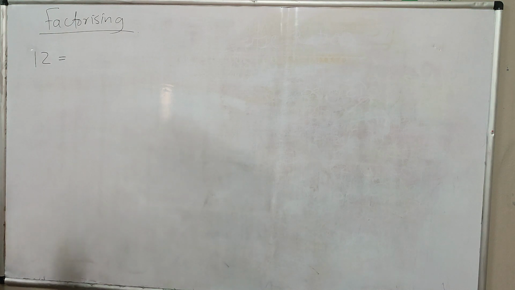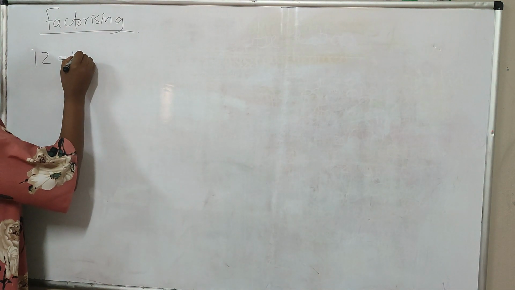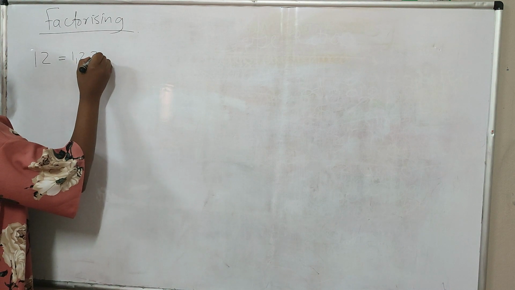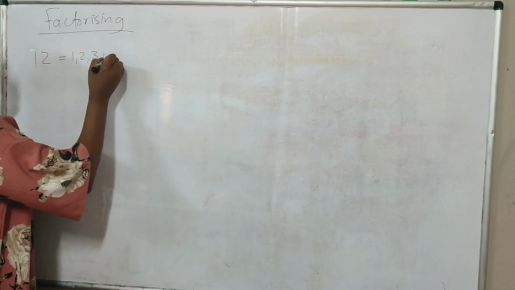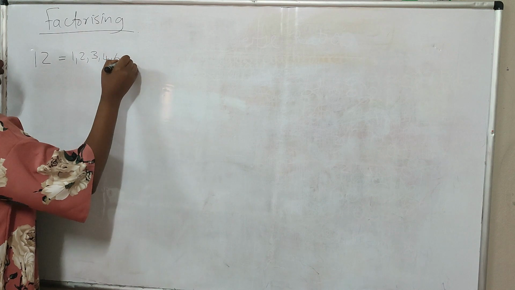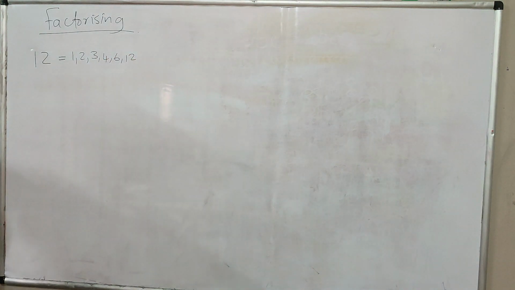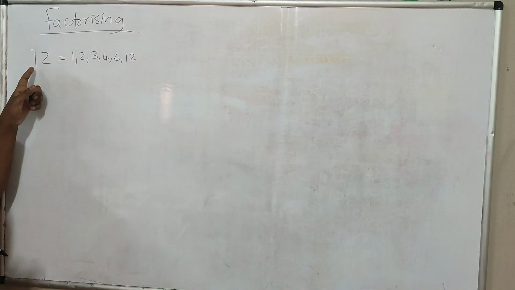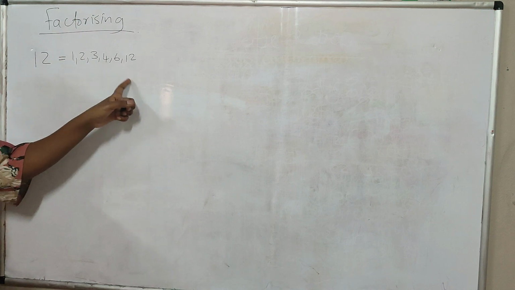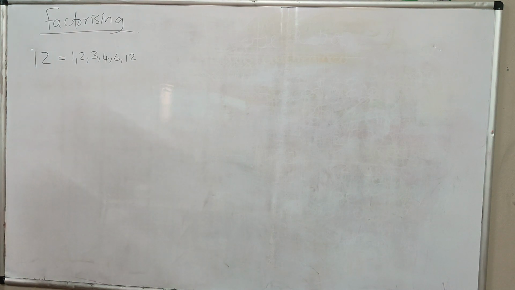Okay, so by factorizing 12, you are saying it's 1, 2, 3, 4, 6, and 12. Is 12 equal to all of these? Remember, with math, you have to speak the mathematical truth.